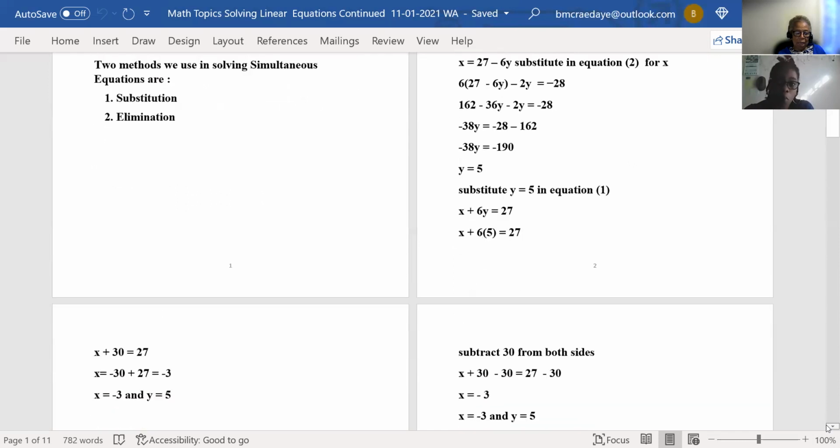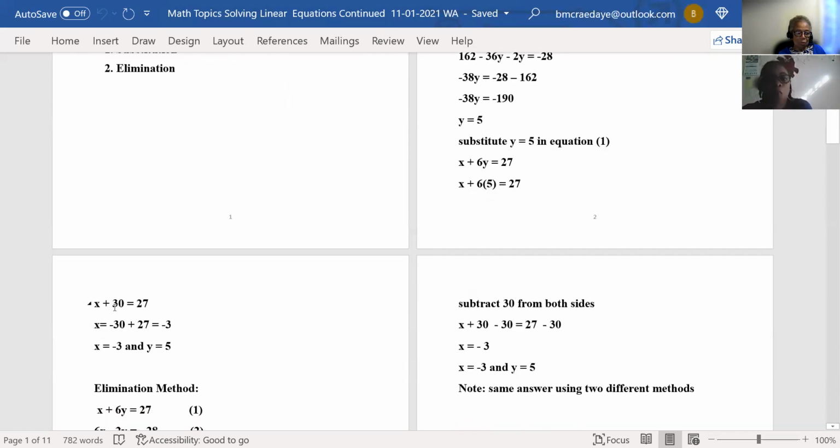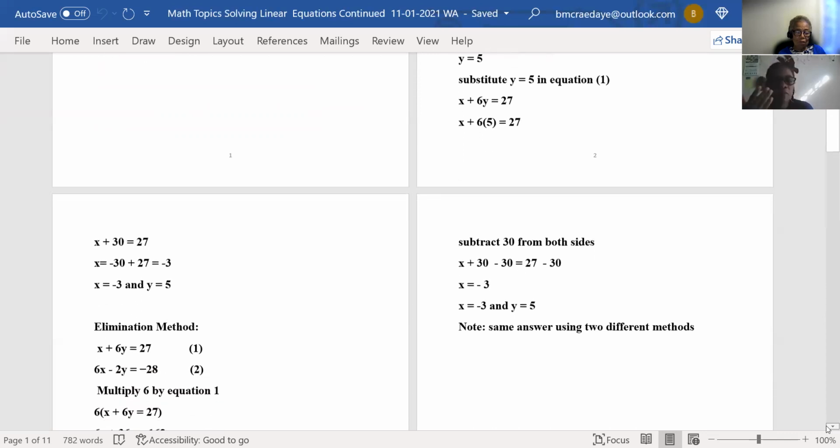So we have x plus 30 is 27. Subtracting 30 from both sides, x equals 27 minus 30, which is minus 3. So x is minus 3 and y is equal to 5. That's the substitution method.